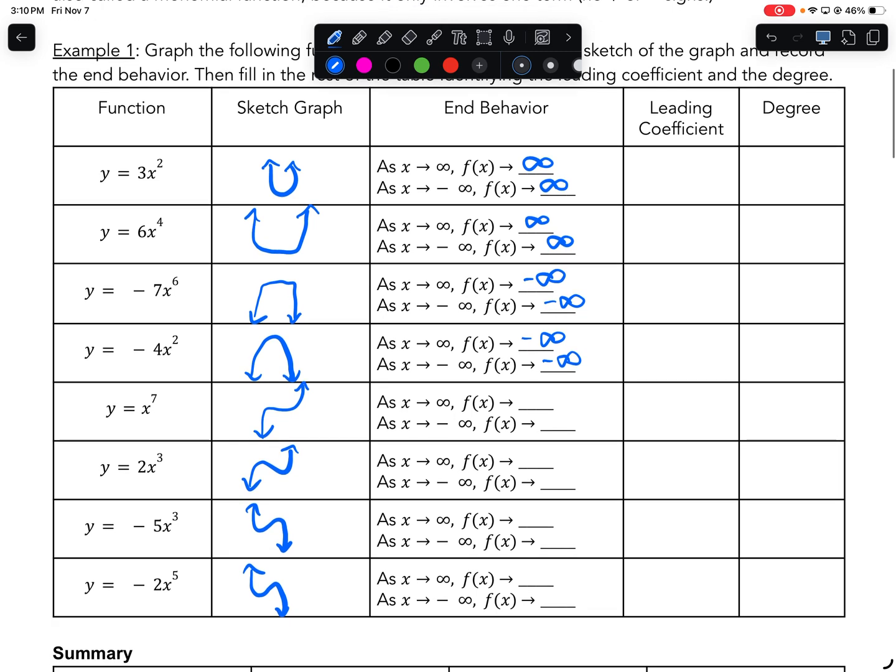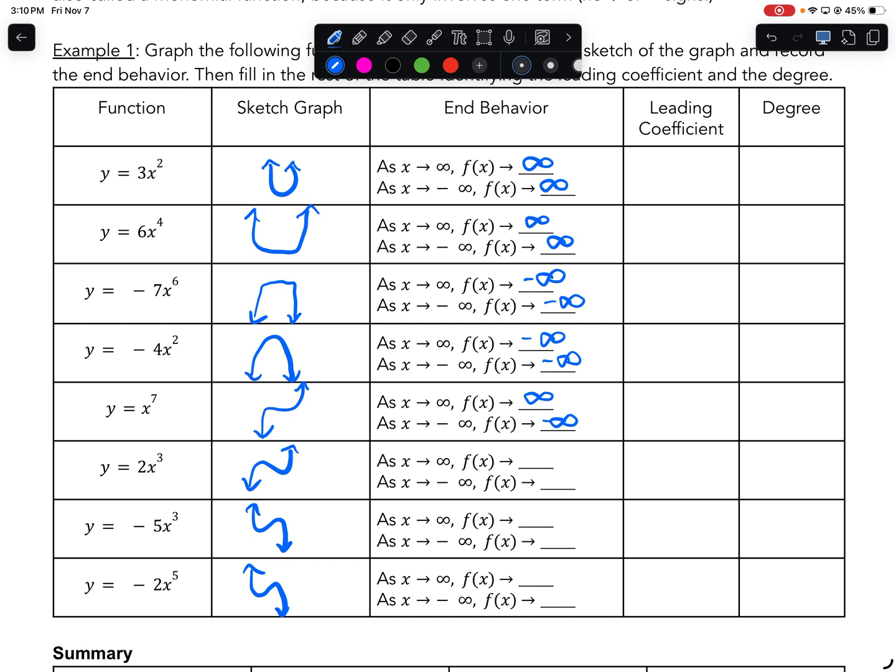Now we have one of each, right? When it's an odd exponent, you always have one up, one down. So as x goes this way, where's y going? Show me with your hand. It's going up, so positive infinity for the first one, negative infinity for the second. They will always be one of each when it's an odd exponent.